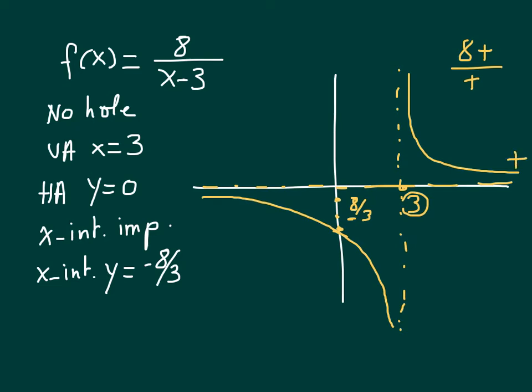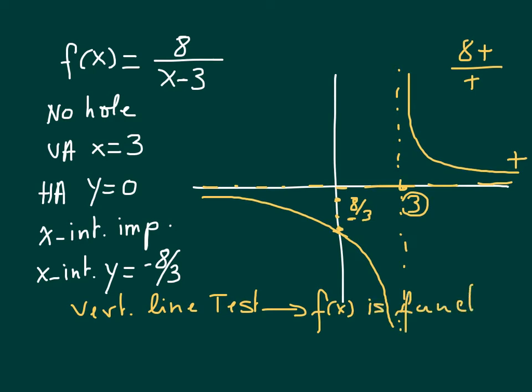Here's a couple things I want you to know. When you do the vertical line test, you're testing to see if f of x is a function. And as you can see here, if you do a vertical line test, you'll see that f of x is a function.